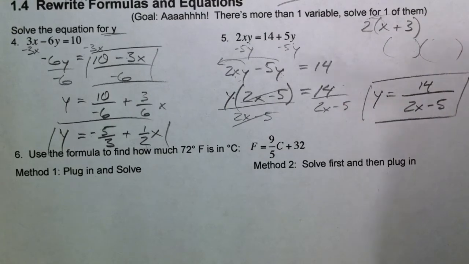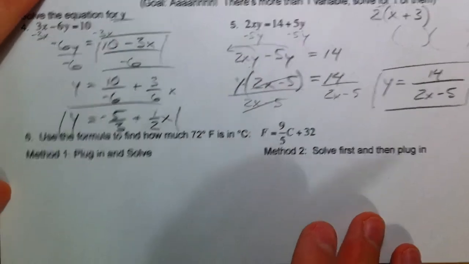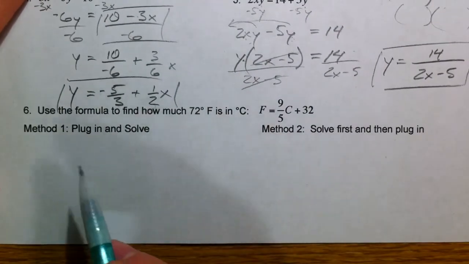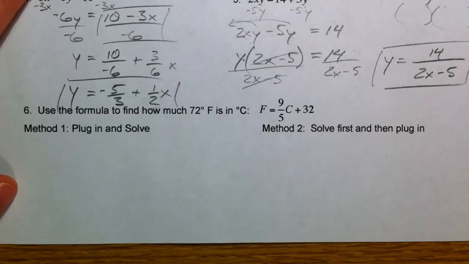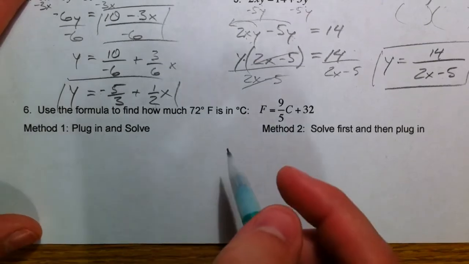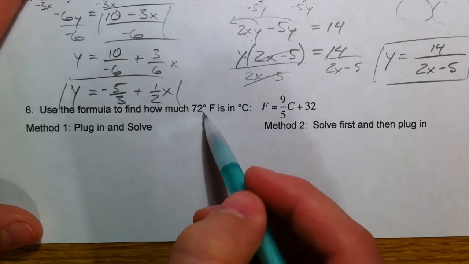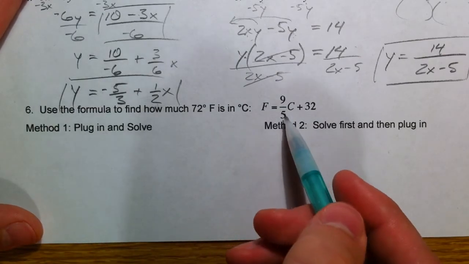Now, why do you have to be able to do this? We've got formulas, all of science, a ton of math involves formulas with multiple variables, and it's a lot easier to go back and forth between them. So this formula, we've got degrees Fahrenheit to degrees Celsius.